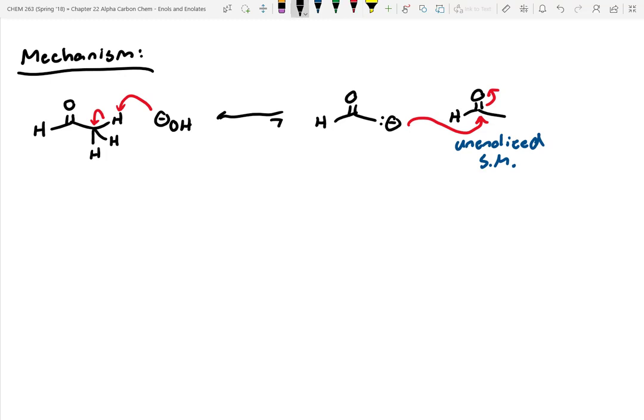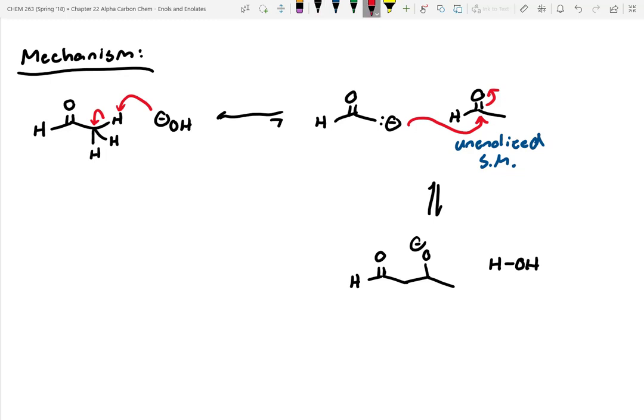And in this next intermediate, excuse me, you're going to have an oxygen with a negative charge and your methyl group on there. And we still have water floating around in the reaction. So the final step will be this stealing its proton back from water.